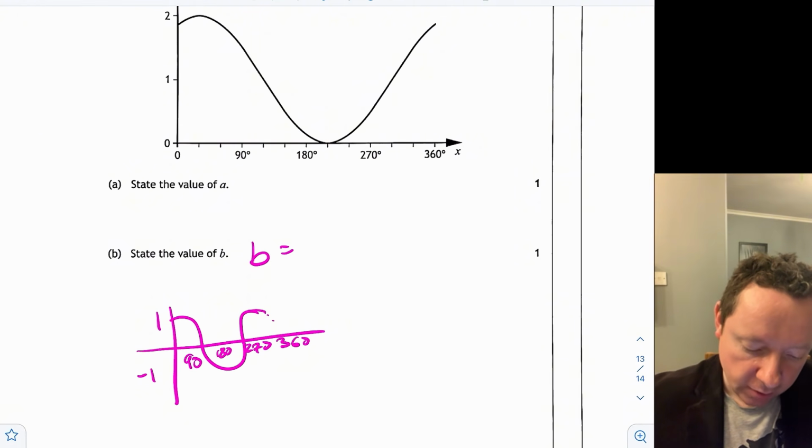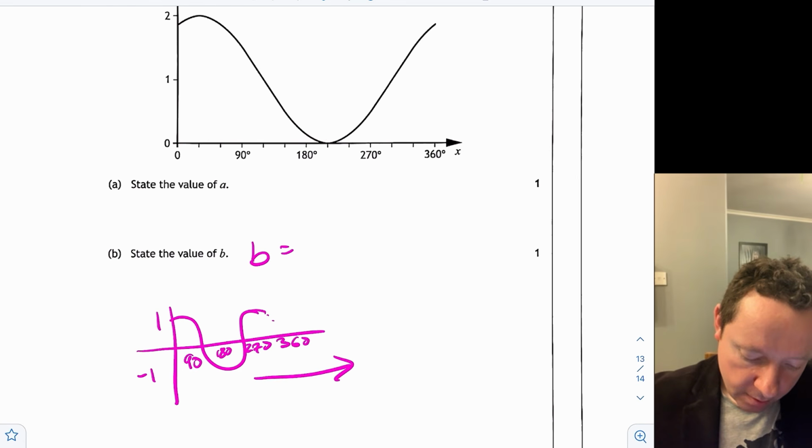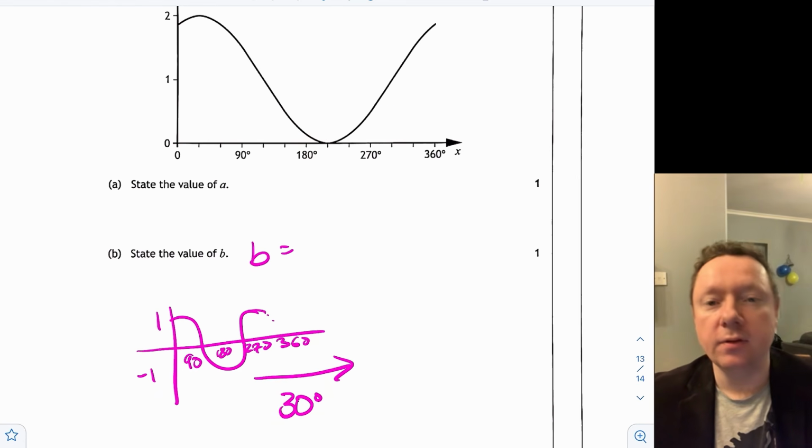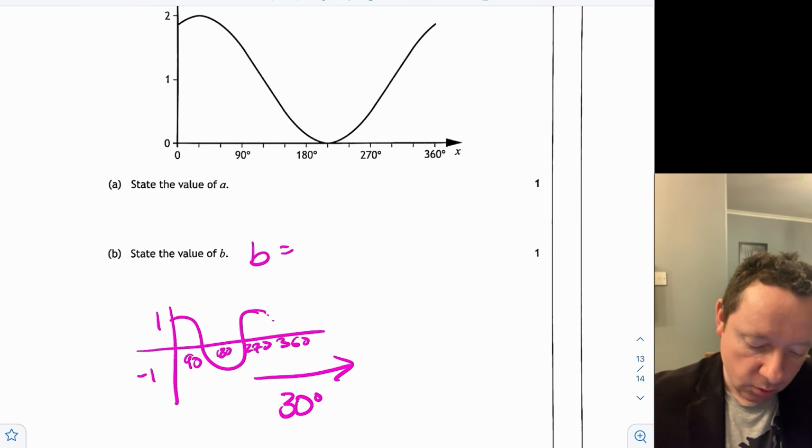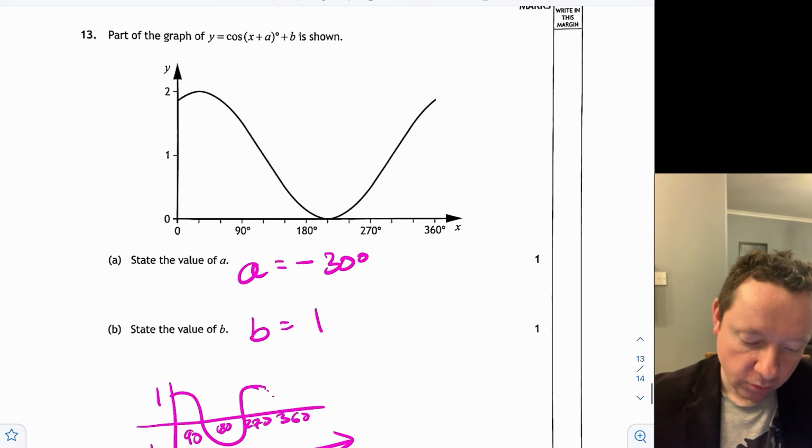It's shifted to the right by 30 degrees. A shift to the right means a negative number, so a equals minus 30 degrees, and b is equal to just 1. So that's the graph of cos(x minus 30) plus 1.